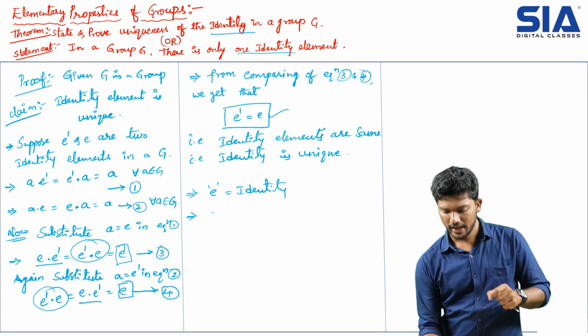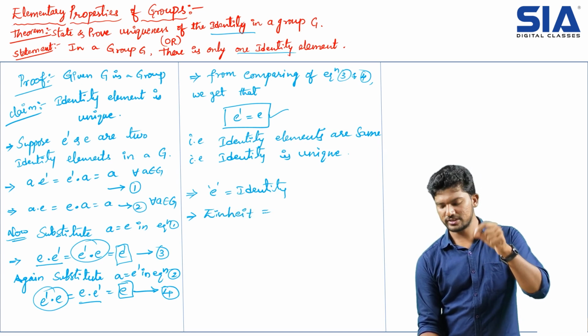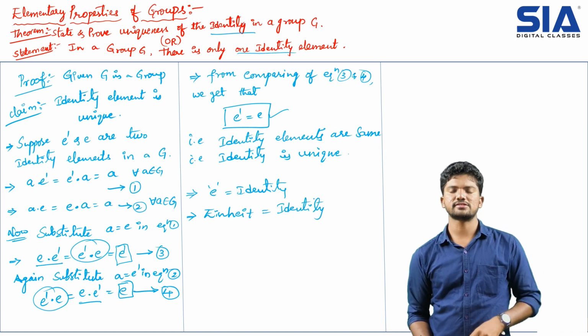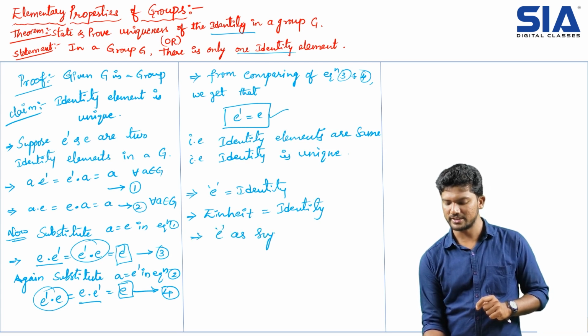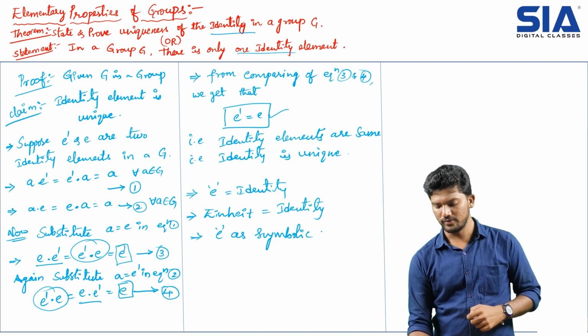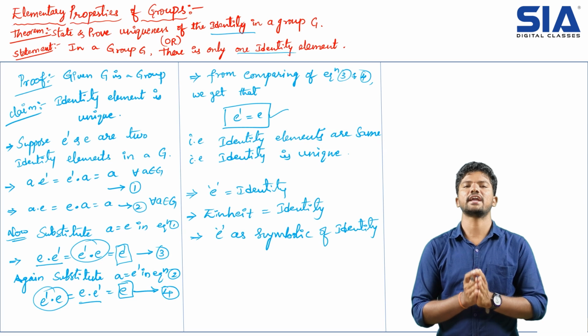The German word Einheit, E-I-N-H-E-I-T, gives the meaning of identity. That's why they use small e as the symbolic representation of identity. That is the reason why we use small e as the identity element.